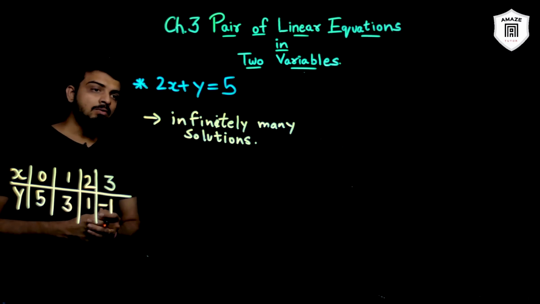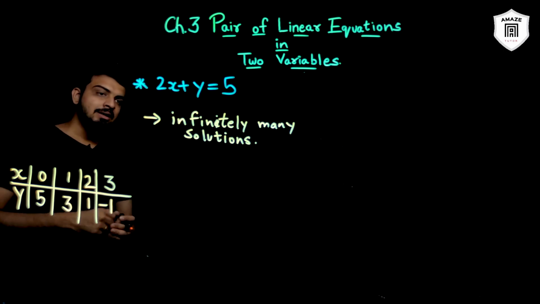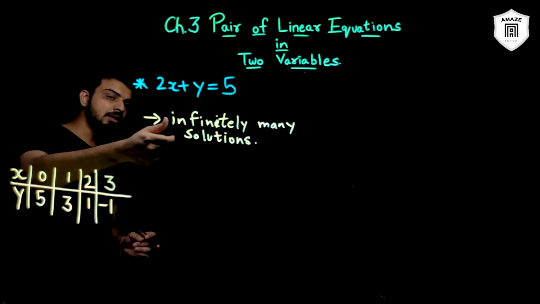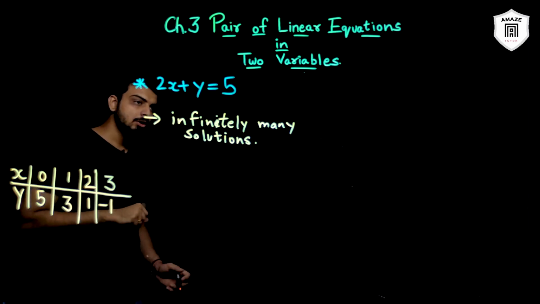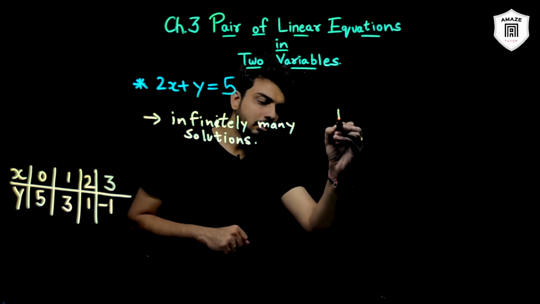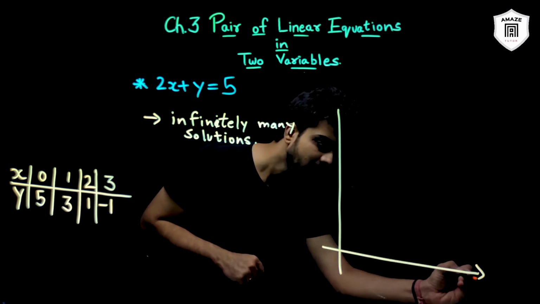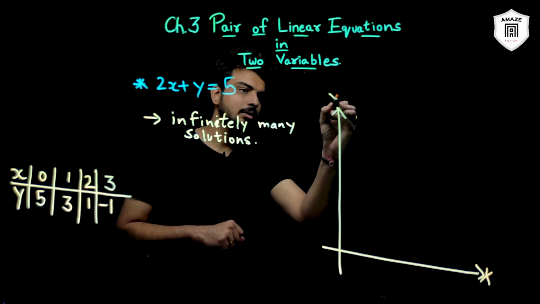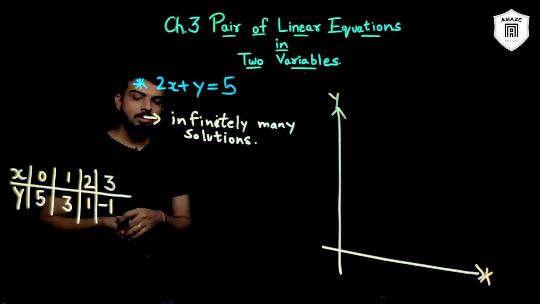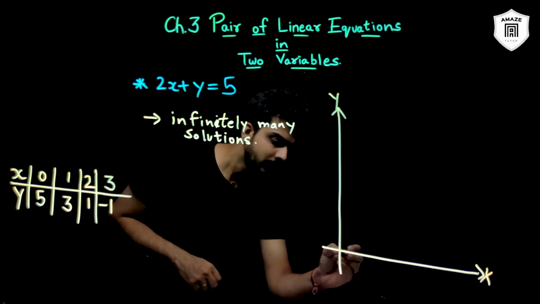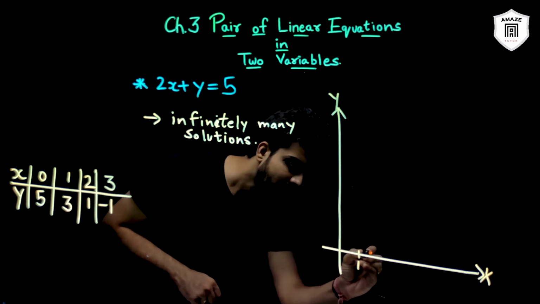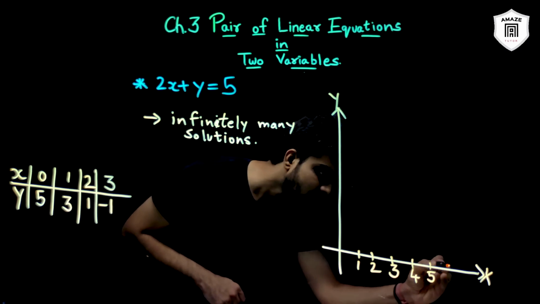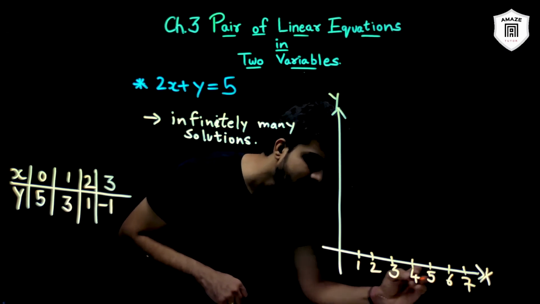Now, as we have seen that this equation has infinitely many solutions, let's see graphically how we can represent this. So let's make a graph. Okay, this is the x and y axis. Now I'm going to take a few numbers here: 1, 2, 3, 4, 5, 6, 7.